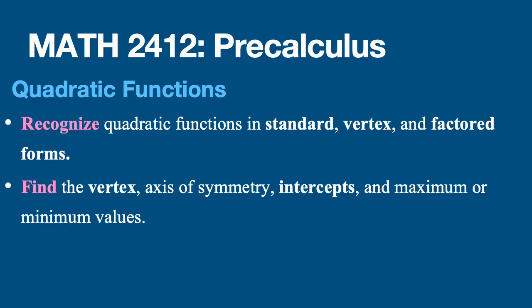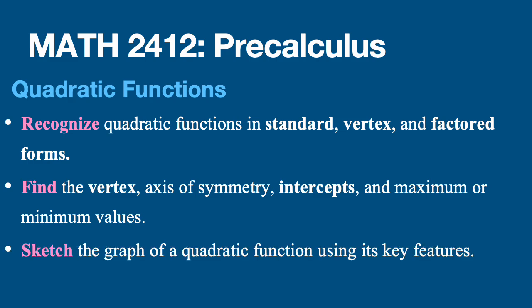Second, we have to understand how to find the vertex, axis of symmetry, x and y intercepts, and maximum or minimum of functions. Finally, you will know how to sketch the graph of a quadratic function using key features. Let's start with quadratic functions.